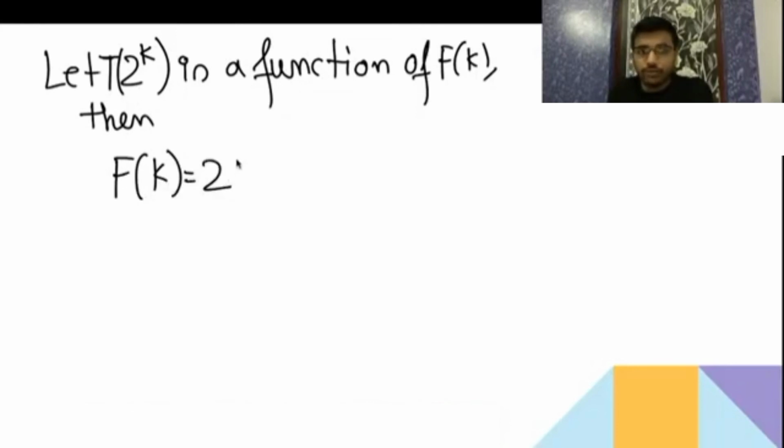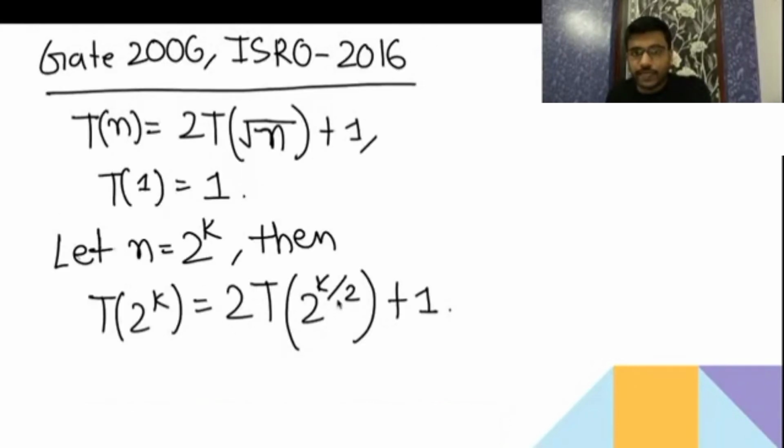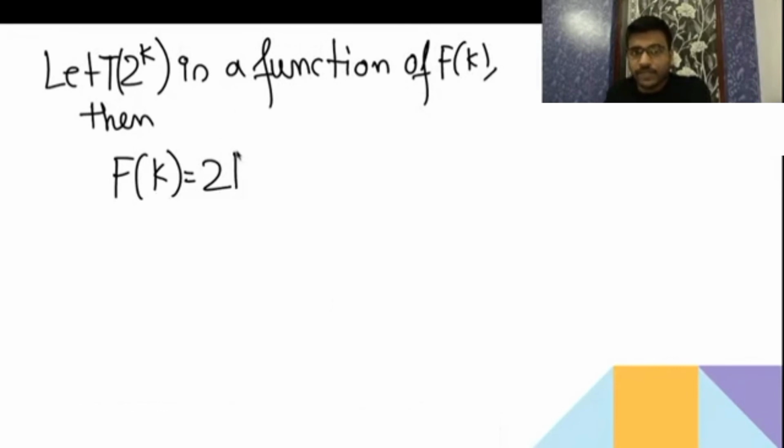Then F(k) is going to be 2 F(k by 2) plus 1, because the power is k by 2.